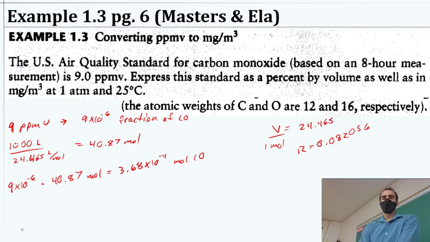From here, we can multiply that by our molecular weight of carbon monoxide. So we have the number of moles, and then we can multiply that by grams per mole and arrive at grams.